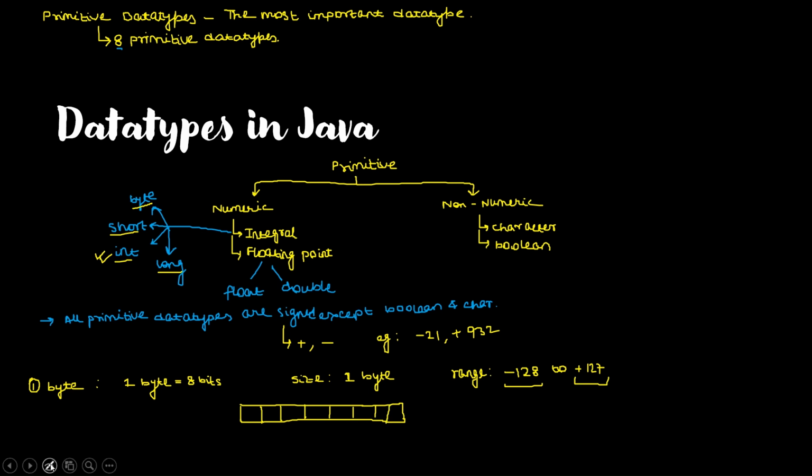Now let me number these based on the LSD and MSD, the index values and positions. This is 2 to the power 0, 1, 2, 3, 4, 2 to the power 5, 2 to the power 6. And this is the most significant digit.